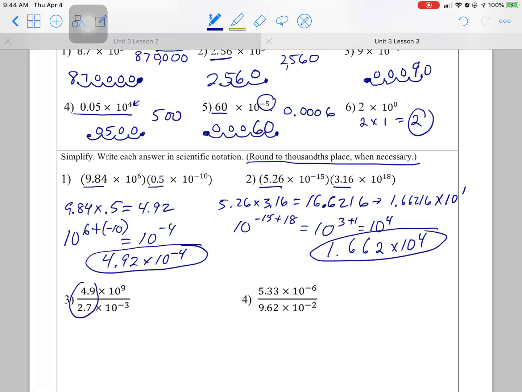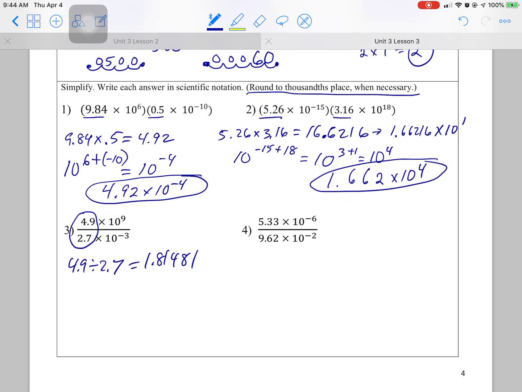All right. What is 4.9 divided by 2.7? Calculator. 4.9 divided by 2.7 gives me 1.81481. That's at least 5 decimals rounded properly. After the 1 is a 4, so that is properly rounded to the last digit of 1.